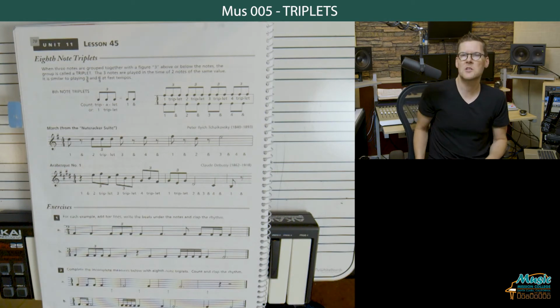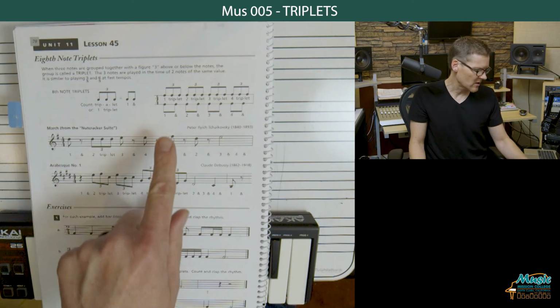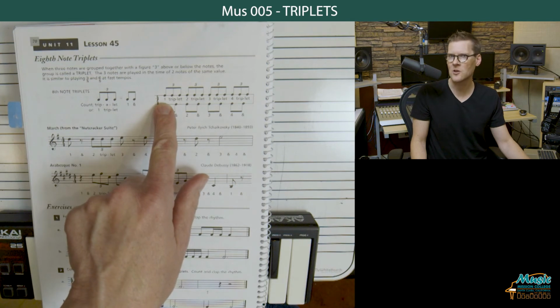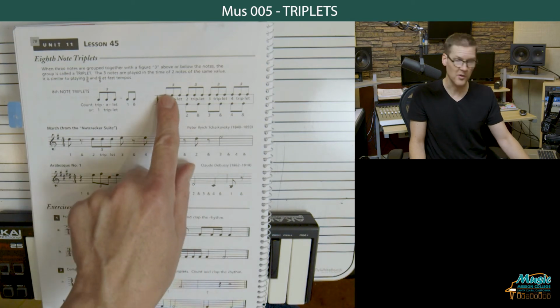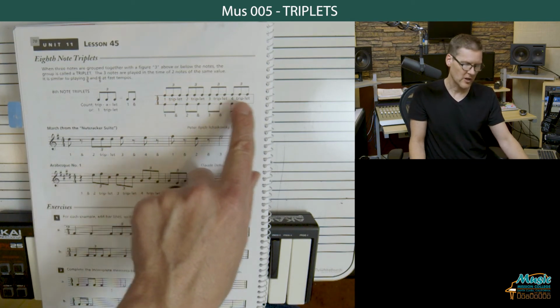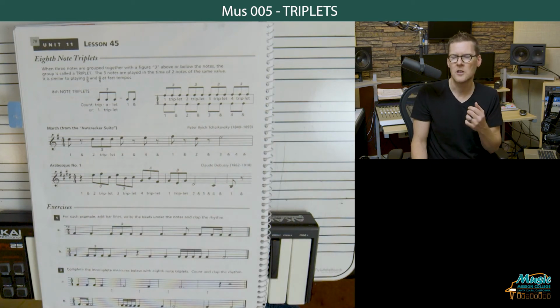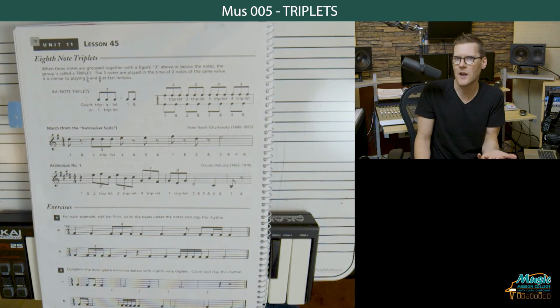Well, first of all, let me just bring your attention to the fact that on these 3 eighth notes, they've added the number 3. If that number 3 isn't there, as a musician, I have to interpret those 3 eighth notes as just being 3 regular eighth notes.